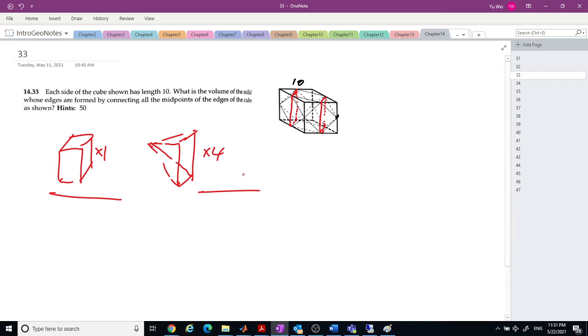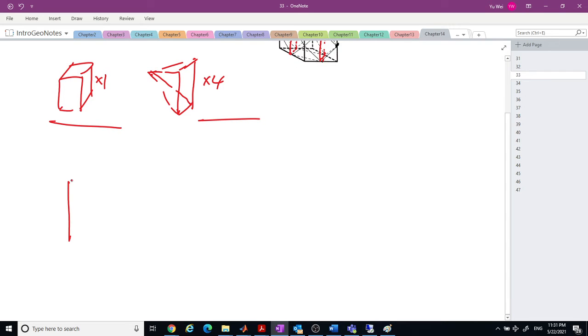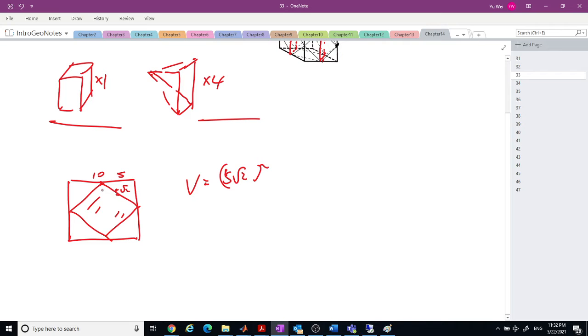First, we know the side here is 10, and cutting like this gives 5 root 2. So the area is the square of 5 root 2, then we times 10, which gives 500.